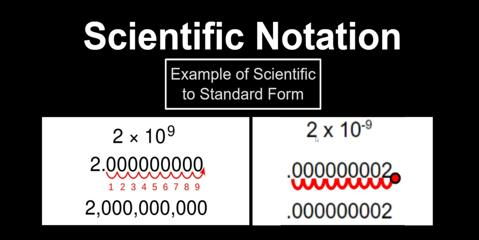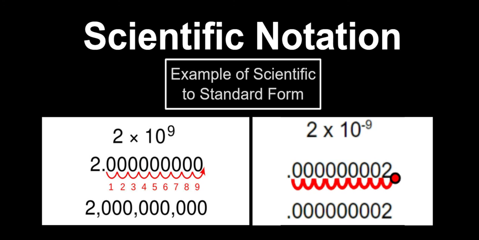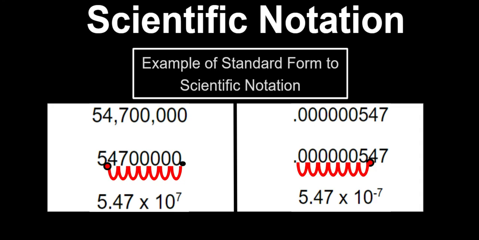Keep in mind, our decimal, if you don't ever see it, is always behind the number. So here we are. 1, 2, 3, 4, 5, 6, 7, 8, 9. So our number is 0.000000002. This is something really small. Like a little puppy, I'm small, as the memes would say.